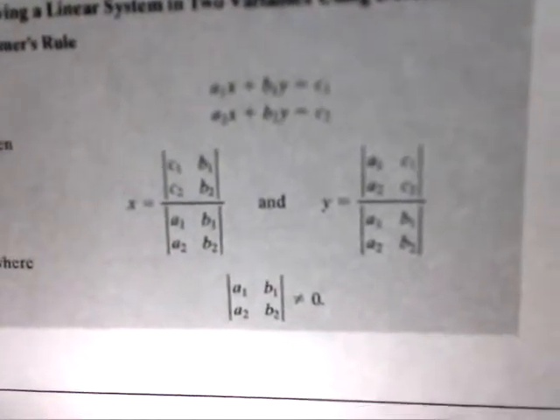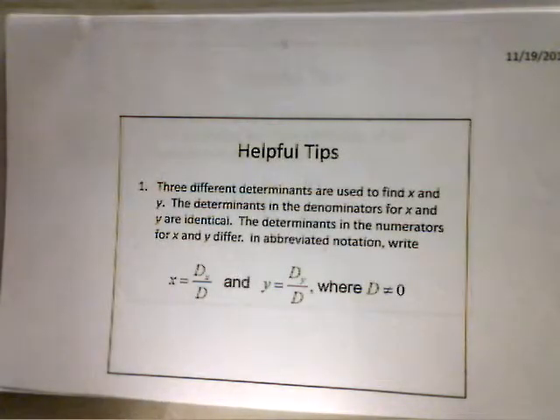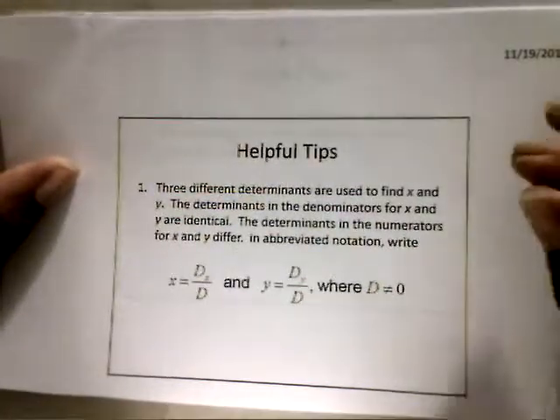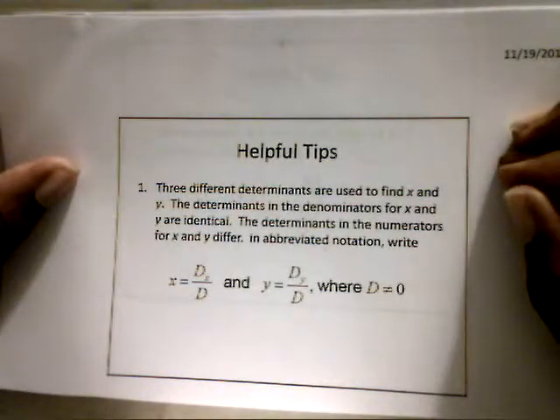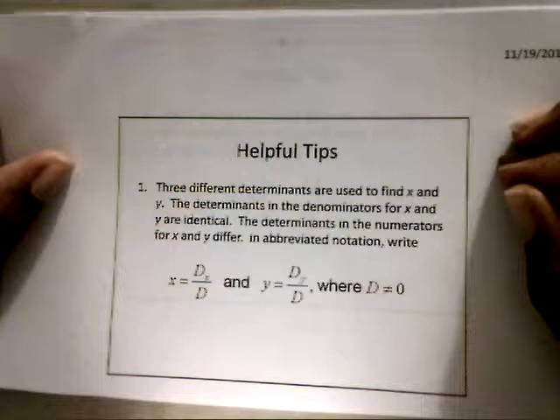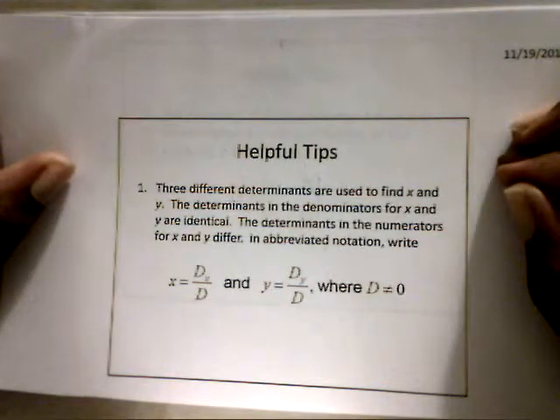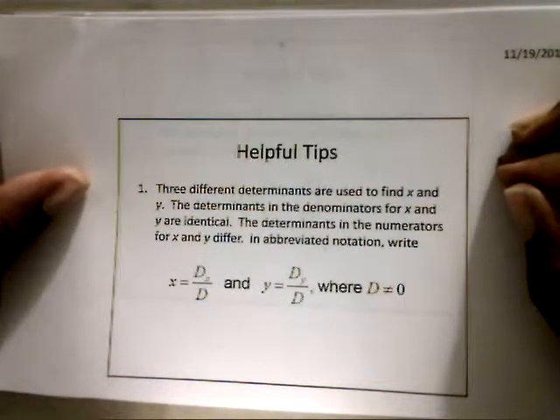I will explain what each of these determinants are in the numerator and in the denominator on this next sheet. These are just some helpful tips here. There are three determinants that are used to find x and y. The determinants in the denominators for x and y are identical. The determinants in the numerators for x and y will differ.